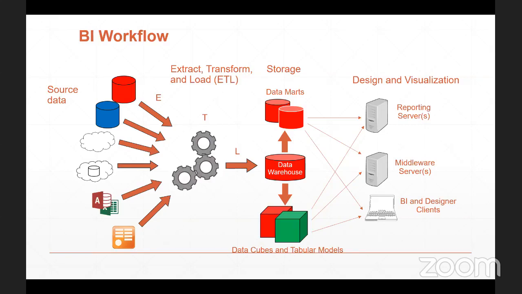That data warehouse could be a data cube, a tabular model, or data marts, which is a smaller version of the data warehouse located at your local site, closer to your consumers, and more targeted to the consumer in the data it contains.